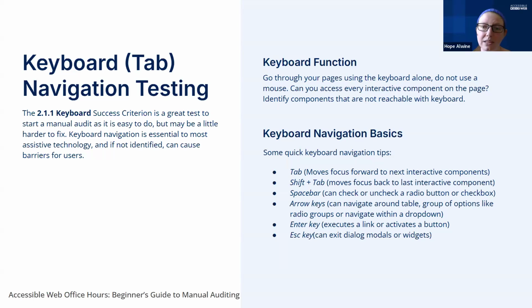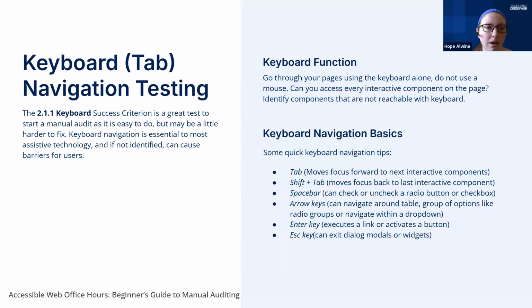Also, if you're navigating within a table or radio groups or a select element, using the arrow keys should work. Also, enter key will execute a link or activate a button. And if you are within a dialog modal or a widget, the escape key should be able to exit you out.